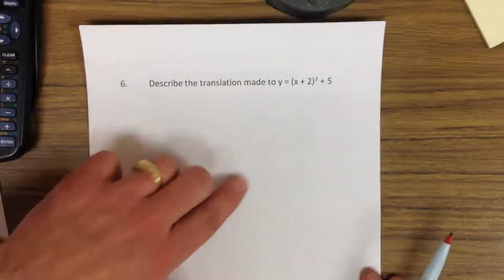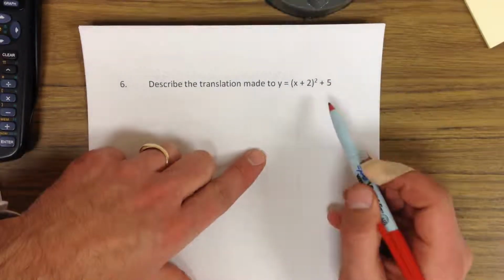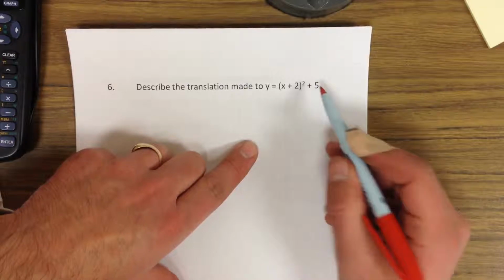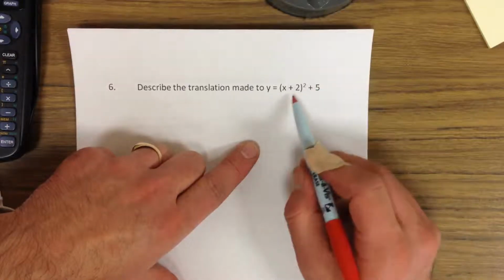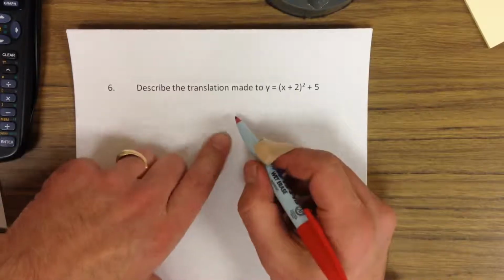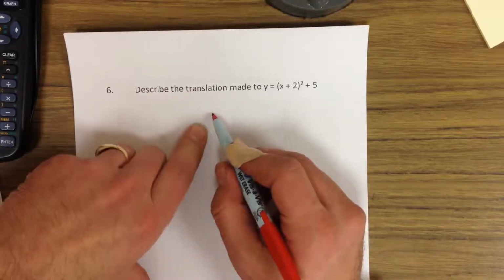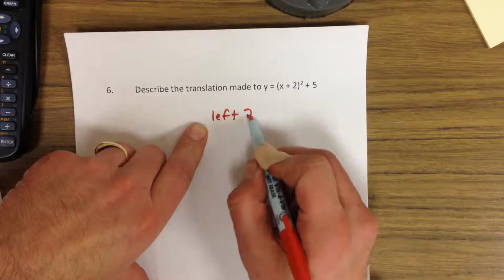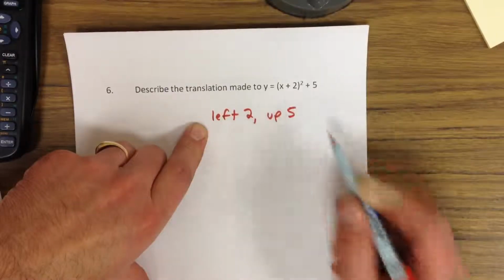Okay, number 6, you have parentheses and a number. So this single number is going to make it move up and down, and this is going to make it move left or right. All right, so this one goes left 2 and up 5.